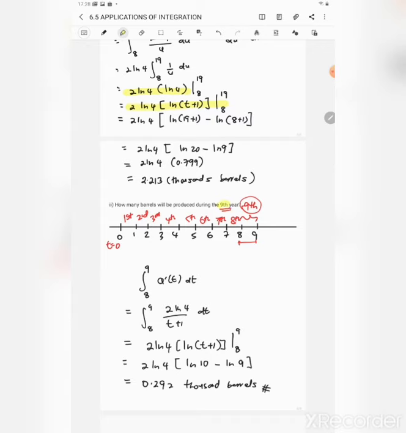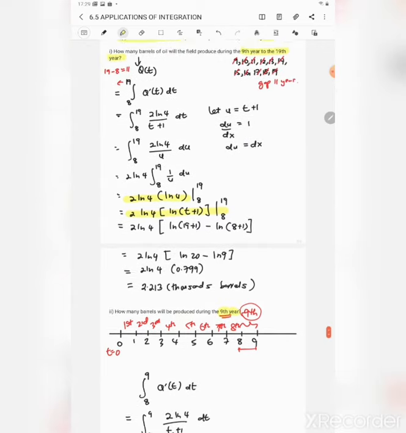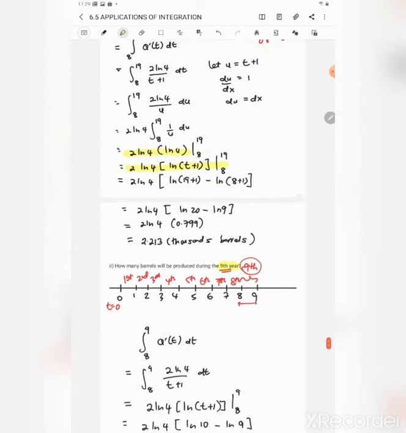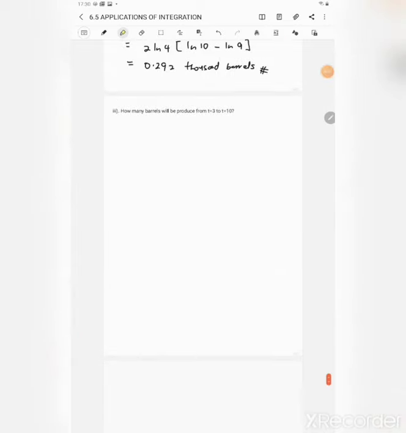So we focus on the 9th year. Question number 3. How many barrels will be produced from t equal to 3 to t equal to 10? This is easy because the limit is already determined, from t equal to 3 until t equal to 10.